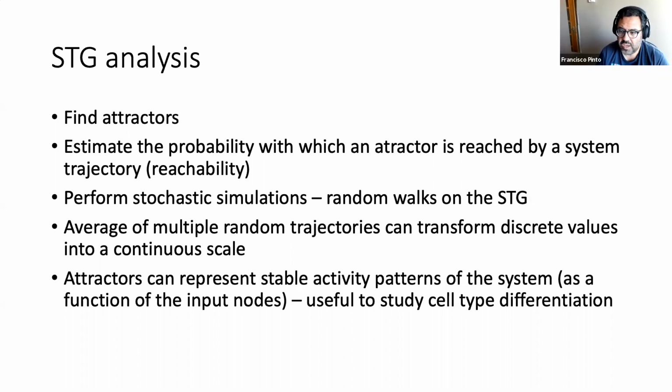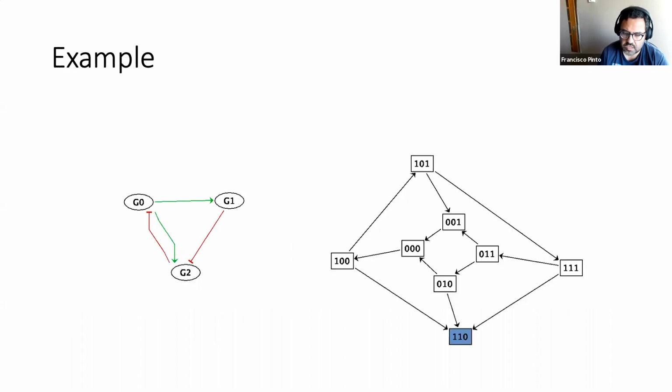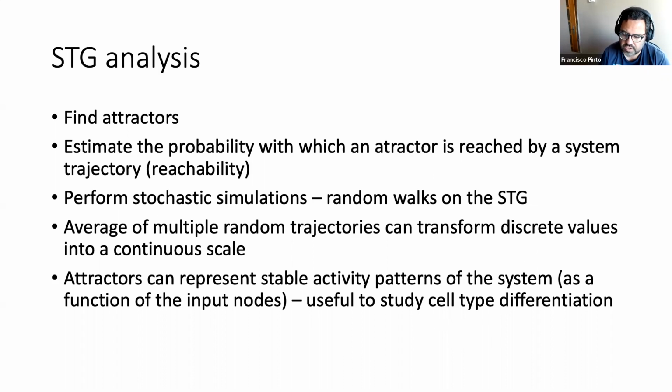And remember that you have many models, not the example that we looked at. Here, there is no input node, because every one of the three nodes has incoming interactions, but in some systems, you have nodes that are not regulated by the system, are independent variables.